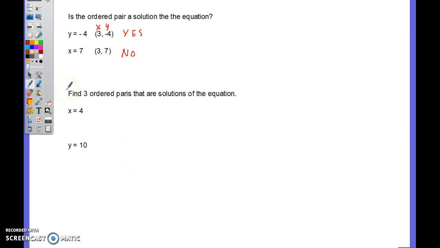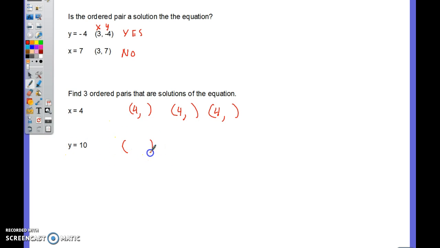Another one that you're going to see, and we kind of touched on this on the previous page: find 3 ordered pairs that are solutions to the equation. So if we have x equals 4, you come up with 3 ordered pairs, and you can make them up on your own. But as long as your x equals 4 in each one of them, it doesn't matter what your second number is. Same with here.